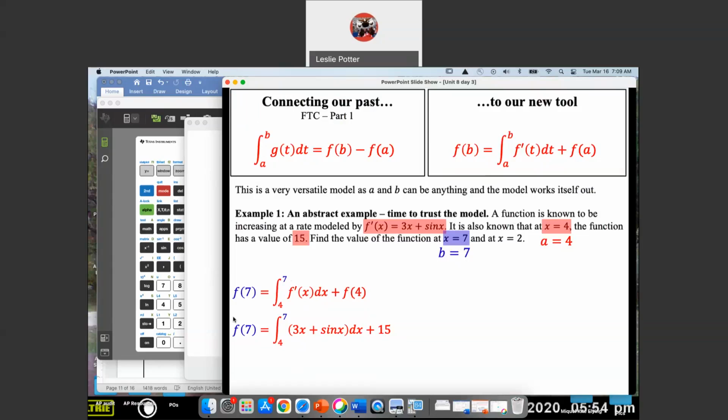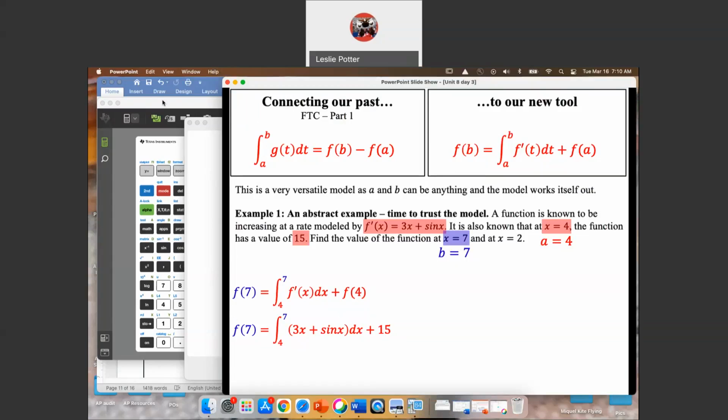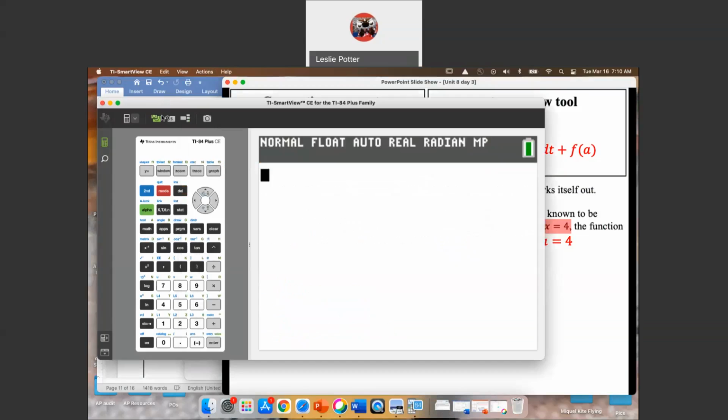Today we're going to rely heavily on using our graphing calculator to evaluate these, just to be able to go a little quicker. I trust that you can integrate that on your own.